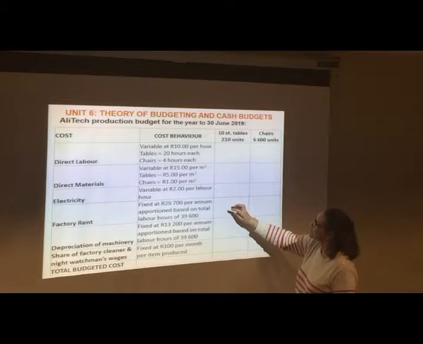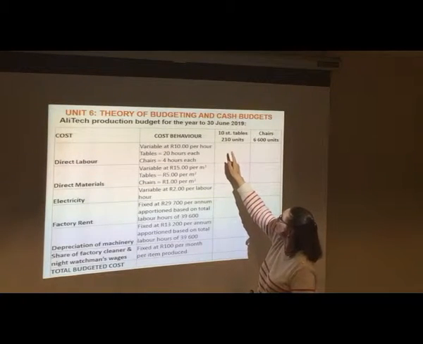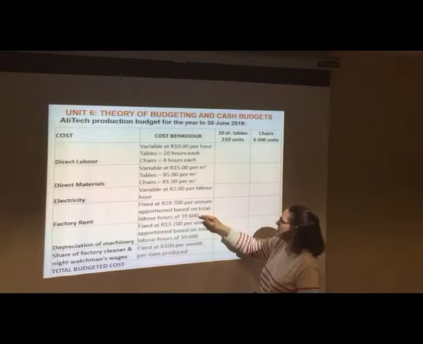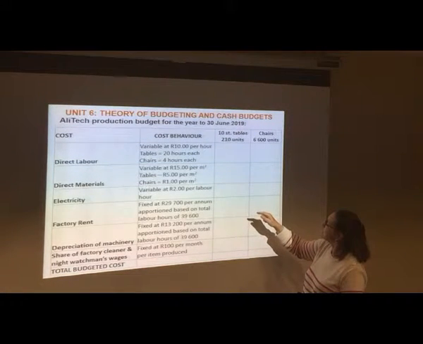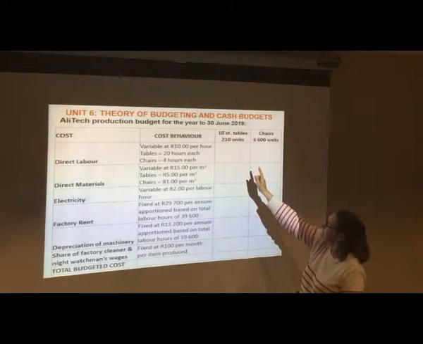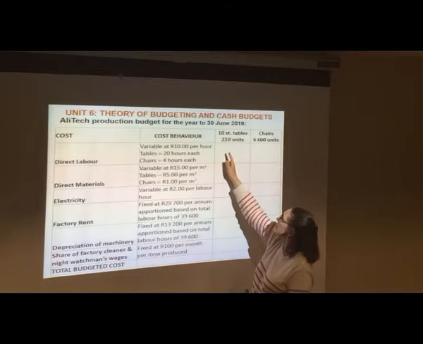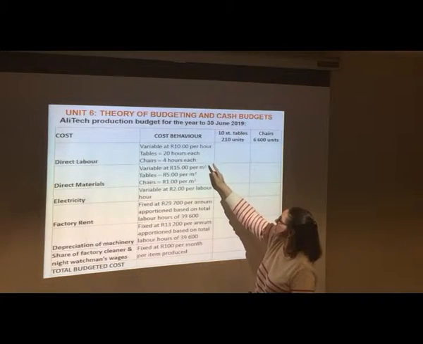These tables use 20 labor hours times 210. So 4,200 labor hours. Because it's 210 units at 20 hours a unit. 210 times 20 is 4,200 if I'm correct.